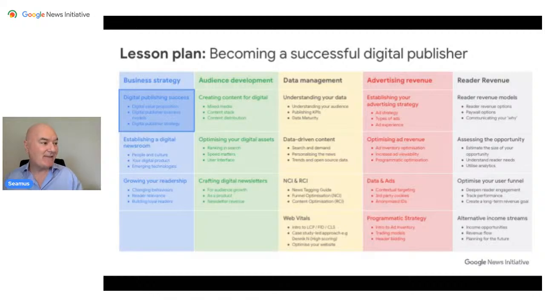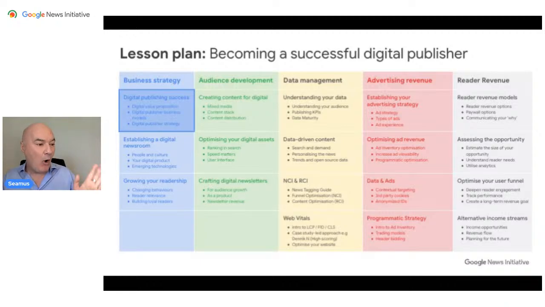This is the first lesson as part of business strategy. Establishing a digital newsroom is our next lesson, which takes place in about an hour's time. Maybe you're signed up for that as well. And then I think it's tomorrow or the next day, growing your readership. That's also part of the suite of lessons on business strategy.